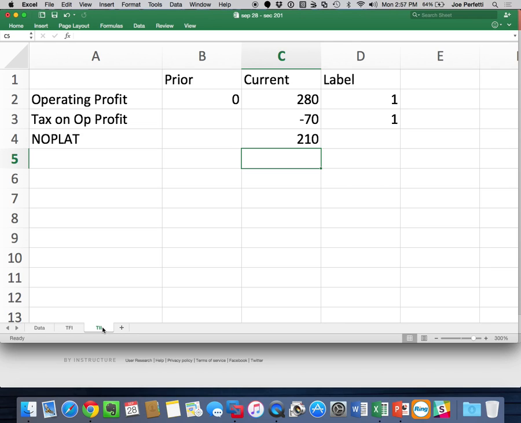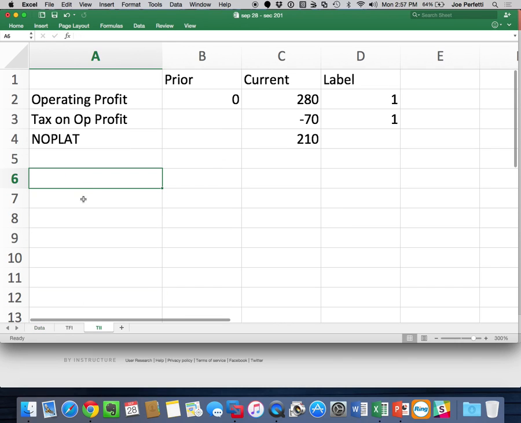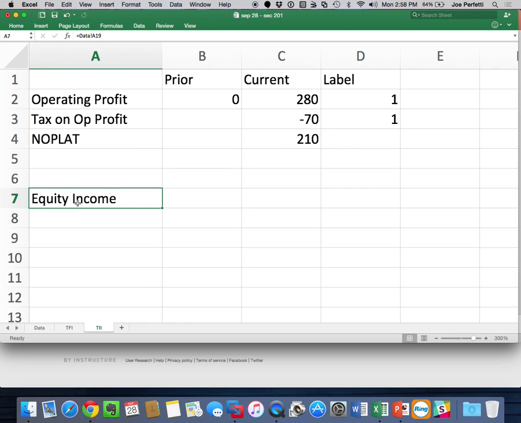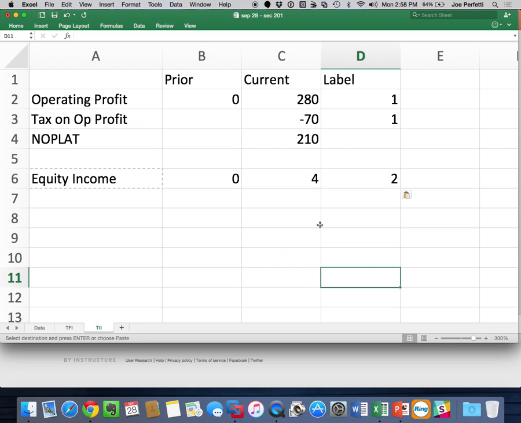All right, non-operating. I look for any 2s on the income statement. So I go down here, and I had 1, 2, and it was this line item, equals equity income. I make $4 million of equity income.